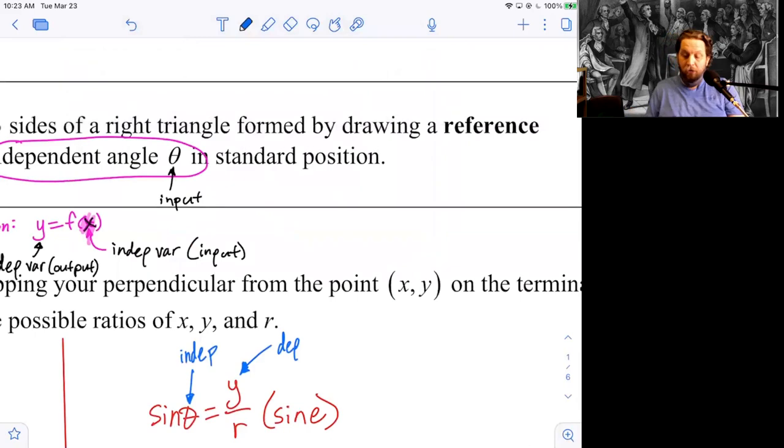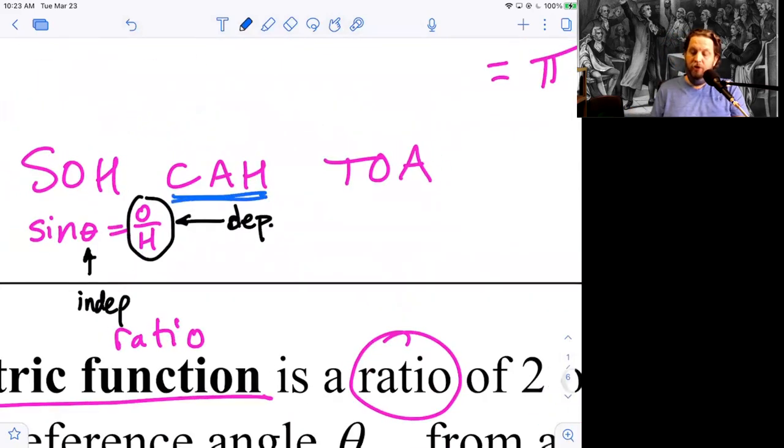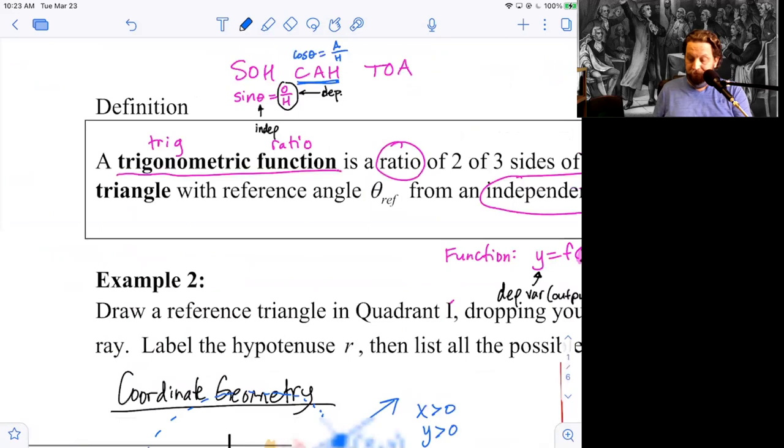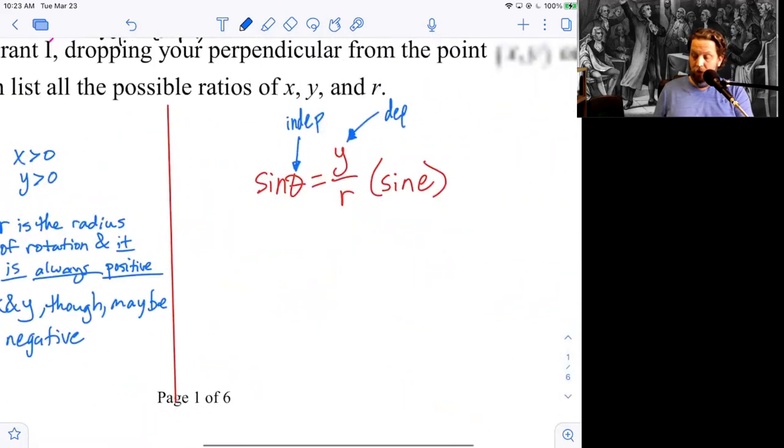Let's just keep going. SOHCAHTOA. The ka in SOHCAHTOA meant that cosine of theta was adjacent over hypotenuse, yes? What would that be in terms of X, Y, and R? X over R, yeah. So we have the cosine of theta equaling X over R, and we call that the cosine.